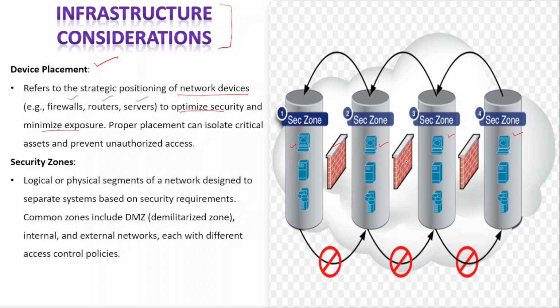But if, let's suppose, our purpose was only to block external access to these devices, but these devices can communicate with each other, then we would only need to place a firewall at the perimeter of the network, and we won't need the placement of firewalls between these different sections.